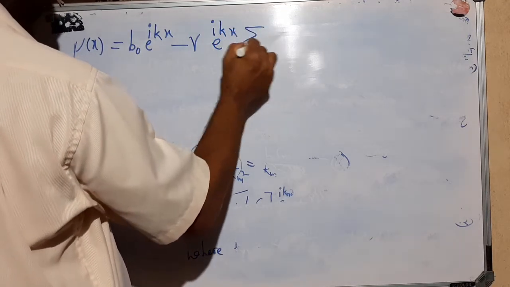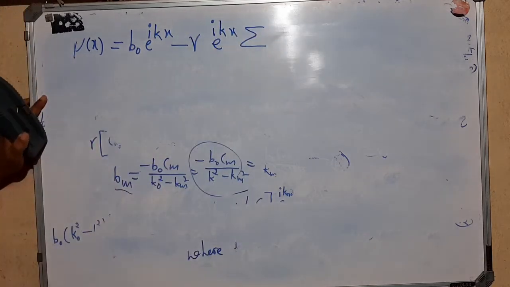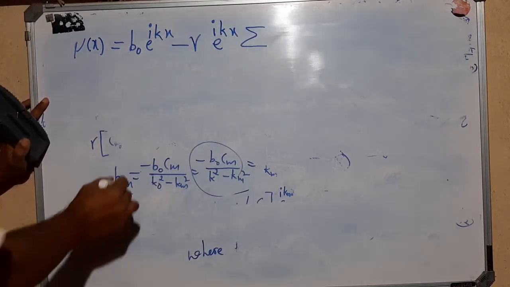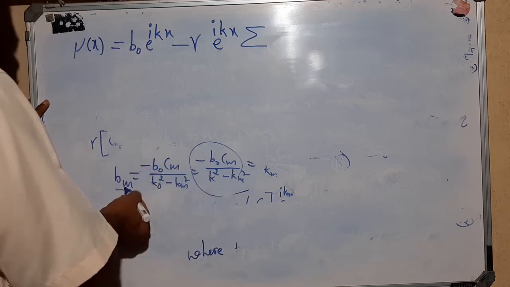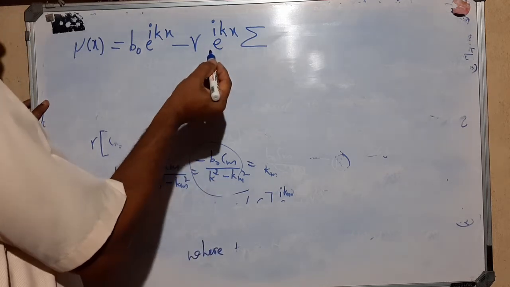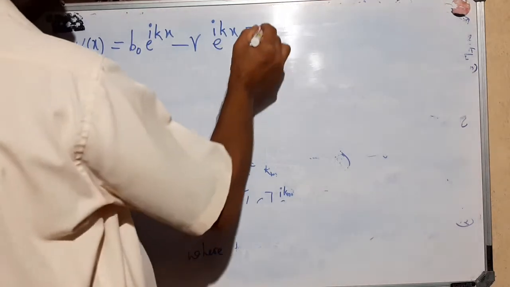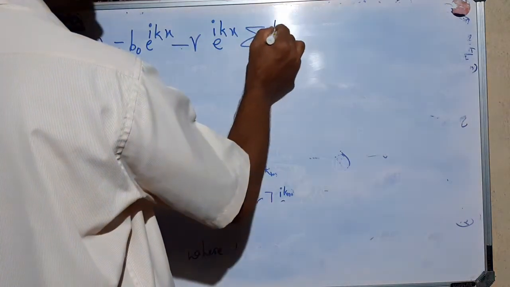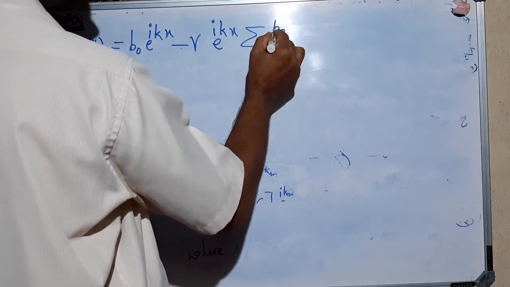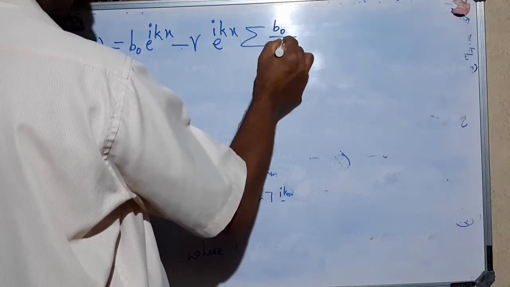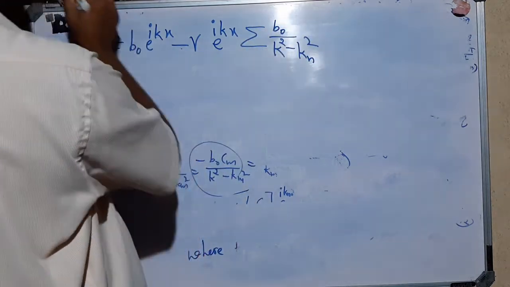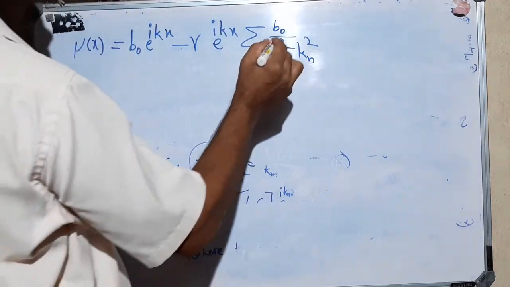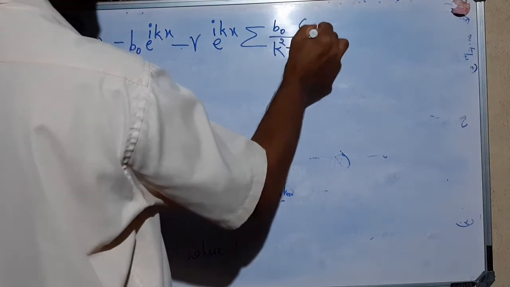sigma, right? You have bn. This is the expression for bm. Just change the notation, that's all. bn is equal to, what you can write? Minus is already written, so b naught divided by (k square minus kn square), then cn, right?